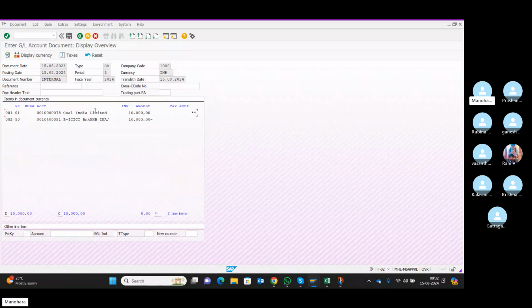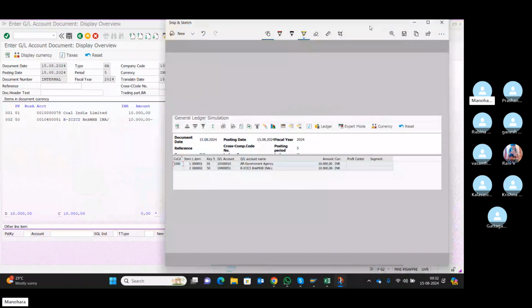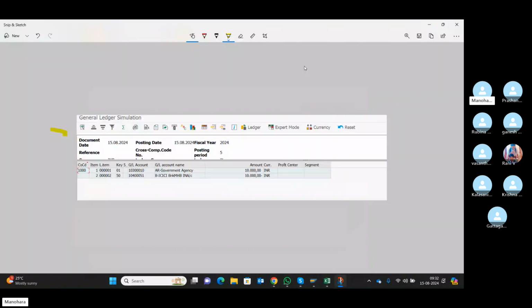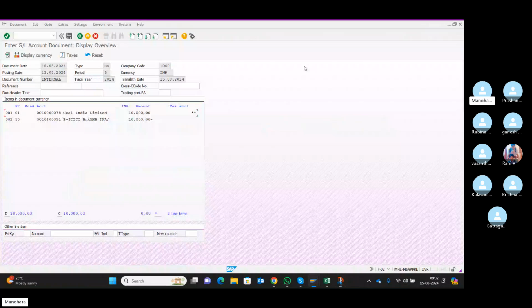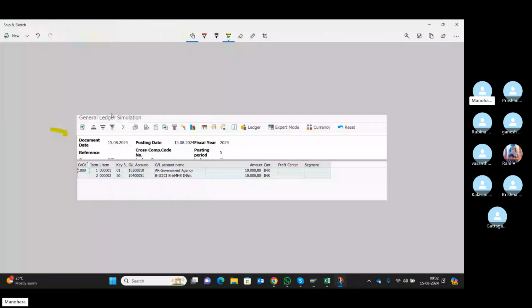Tell me, what is the difference between this and this? This is the general ledger simulation, and we have the entry view. There are two types of simulation, right? This is the entry view simulation and the general ledger view simulation. So this one and this one, what is the difference?